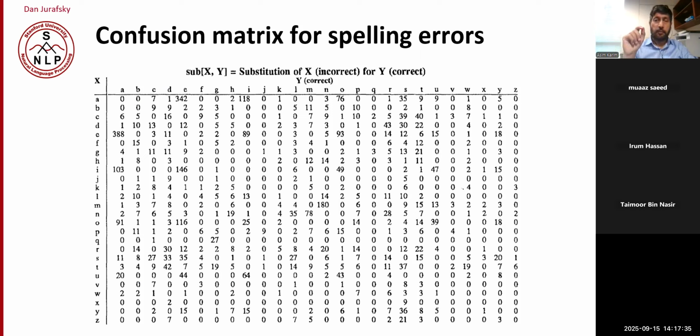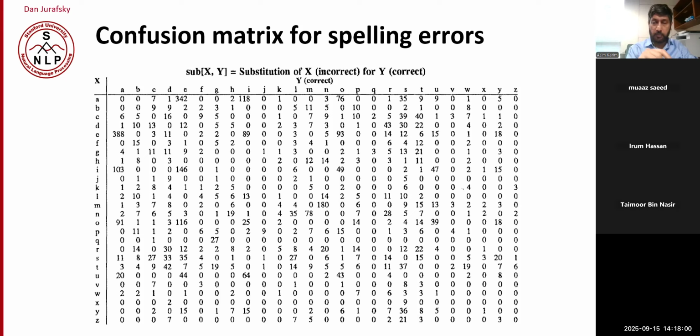Okay. So now you can see some numbers here. If the actual letter was a but you wrote e, the likelihood for that would be around 300 something. If the original character was e and you wrote a, again it's around 300. Okay, so it is a large number; you are more likely to misspell a with e and e with a.